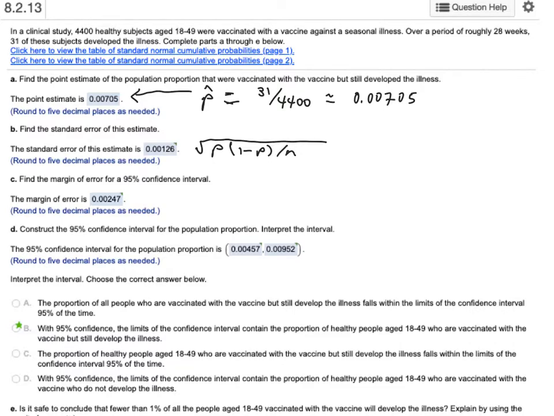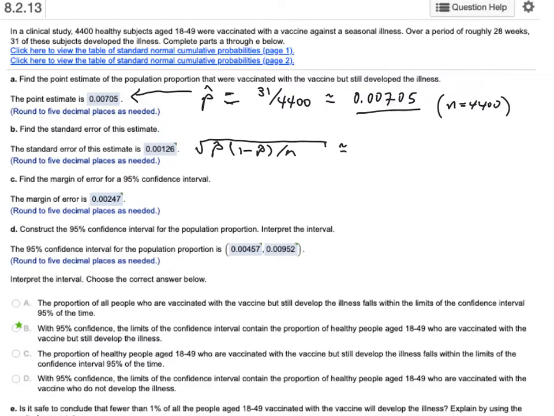And as usual, when we're doing a confidence interval problem, we don't actually know what p is, and so we use p hat instead of p in this formula. And so if I do that, I'll end up with, so the p hat is 0.00705, and the n is 4,400, like it was before.